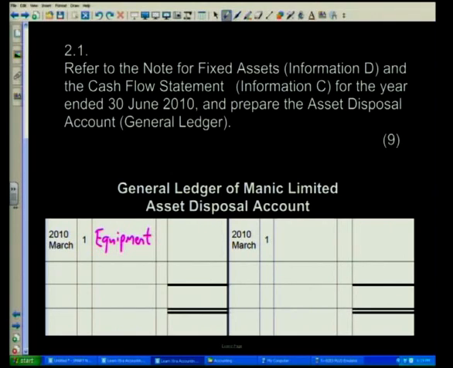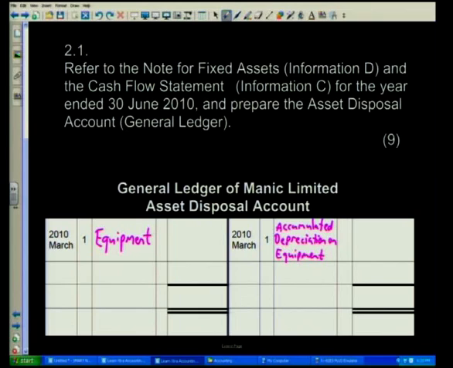On the credit side, you will obviously need to put accumulated depreciation on equipment, and once again, that's where you have to fit it in quite small. But remember, abbreviations are not permitted. So write as small as you can, but make sure you get all of the words in. There we go, accumulated depreciation on equipment.